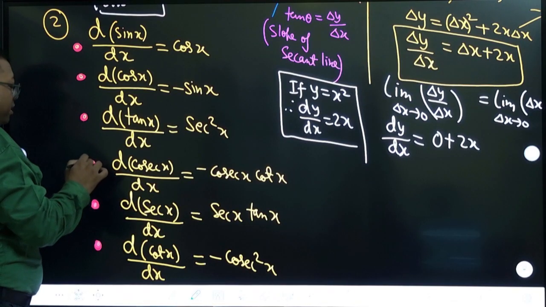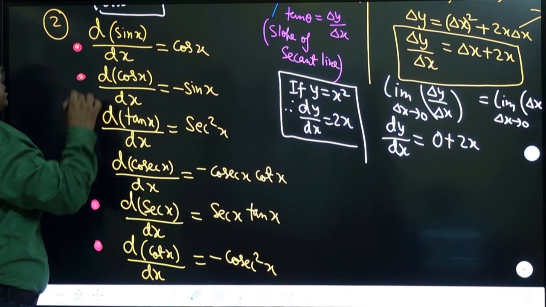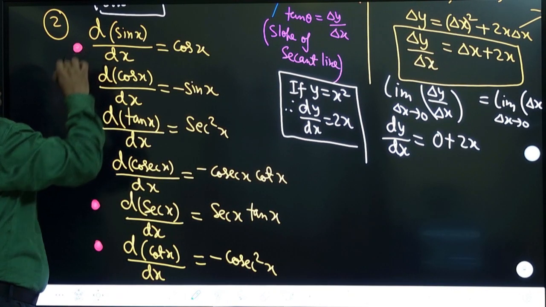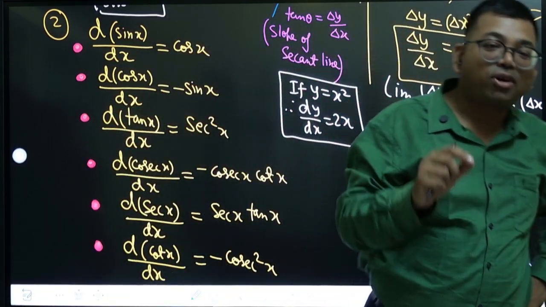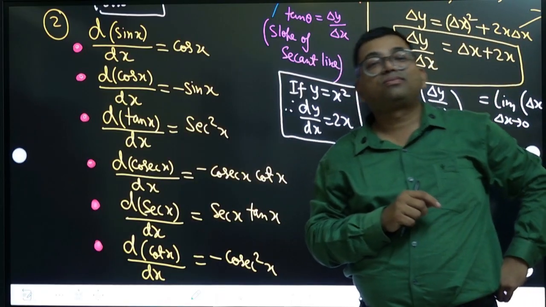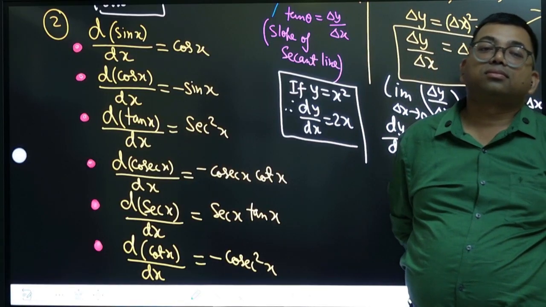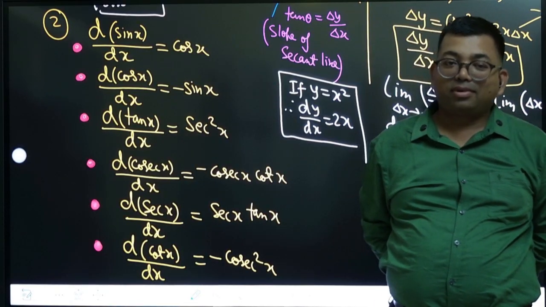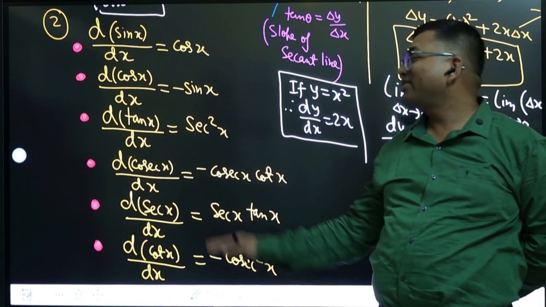Now tell me, you must have remembered these formulas. Tell me, all these formulas are correct, because sometimes I may make mistakes also. Tell me, all these formulas are correct or not? I may also forget because mostly we are not using these formulas.